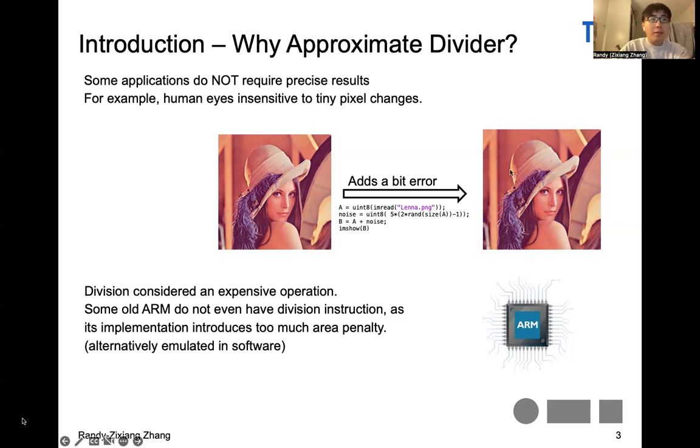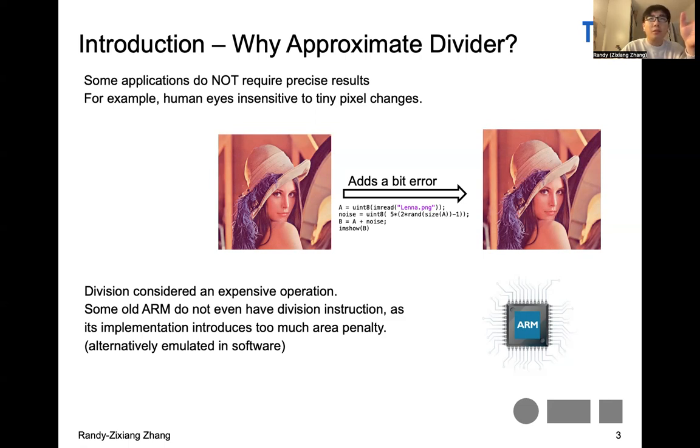And the second reason for this approximate divider is that division is actually considered an expensive operation.